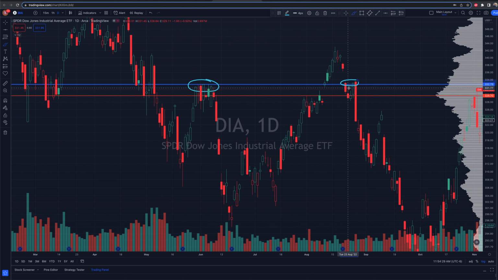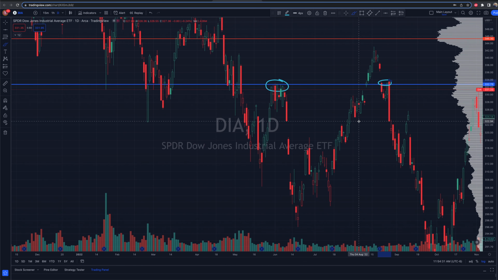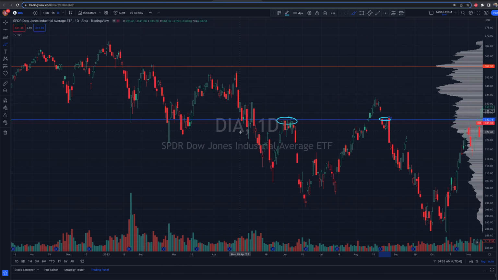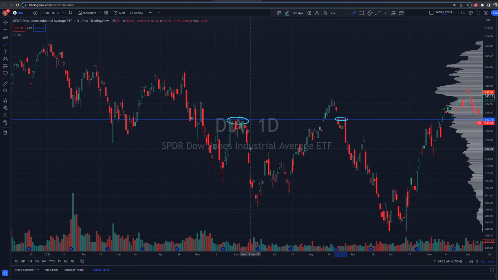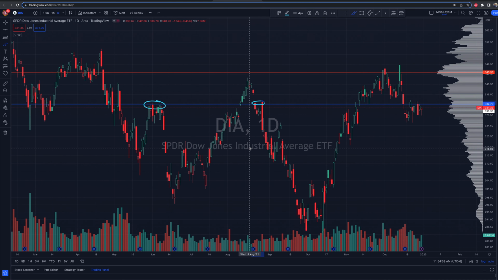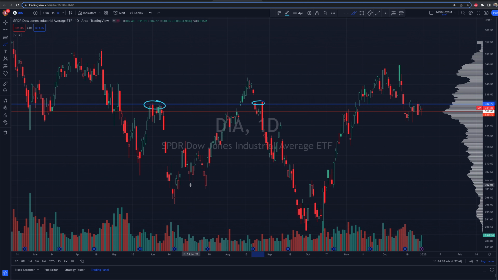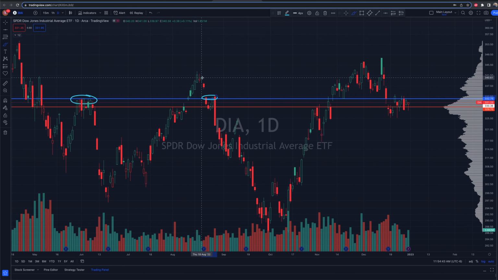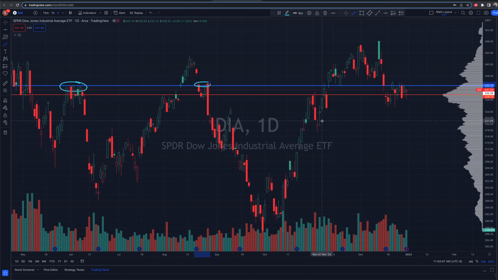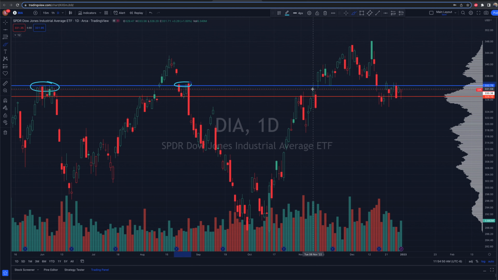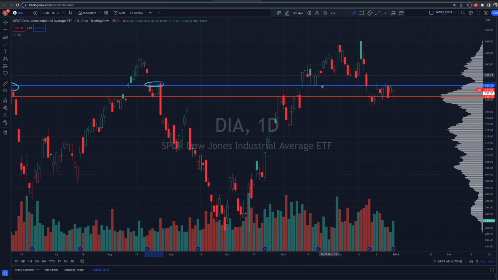Another thing to also note is that many times, prior support becomes resistance and vice versa. So as I zoom out even further, what do you guys notice? We had some reactions. We broke above here, fell back below, couldn't break back above, came back up, couldn't really break back above this. But then once we did, what do we find?